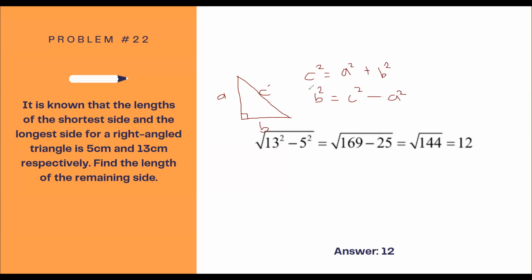So we need to get the square root of both sides, okay? So we have B is equal to the square root of C squared minus A squared, okay?